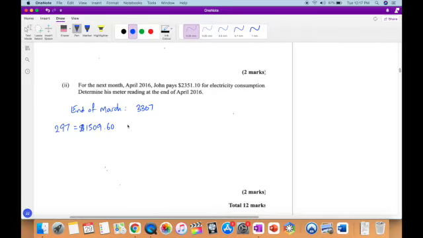So we know that at the end of April, he pays 2351. So we can find out, if 297 is equal to 1509.60, then 1 kilowatt hour is 510, no, not 510, $5.10, right?